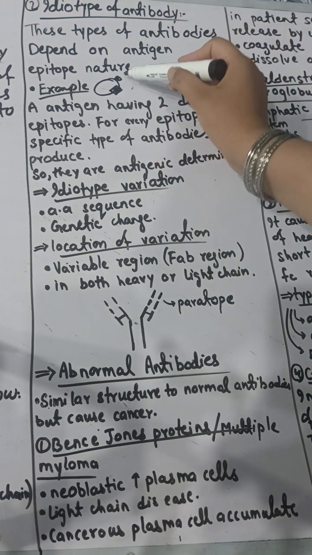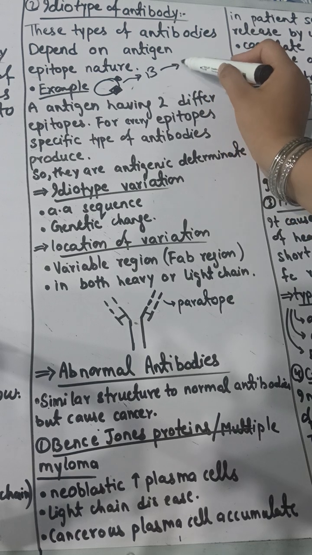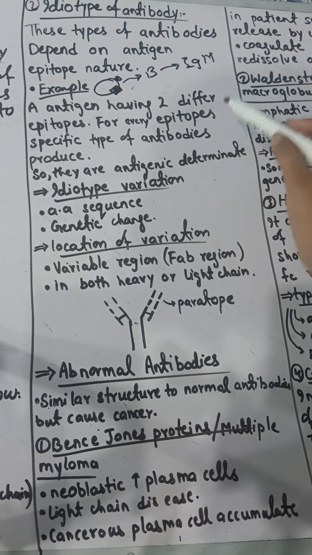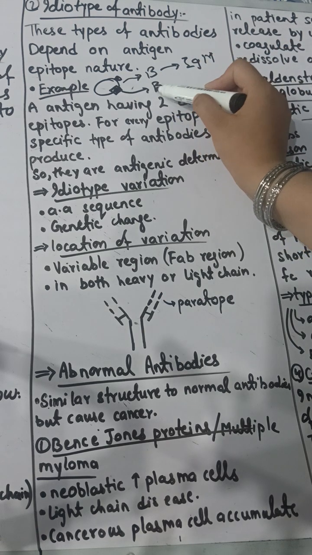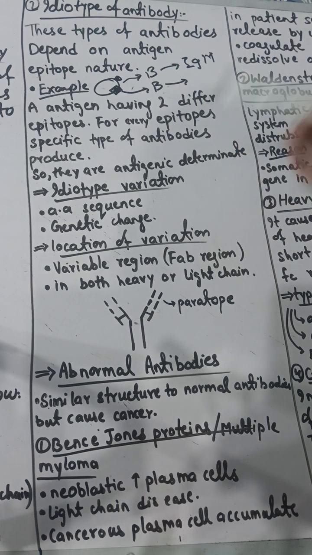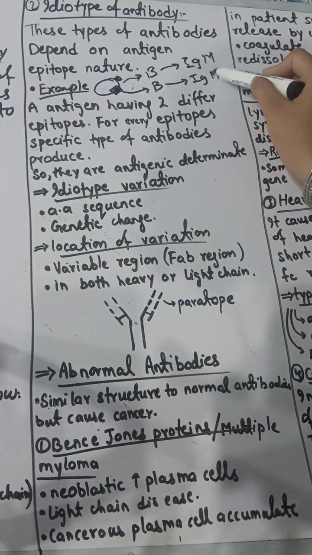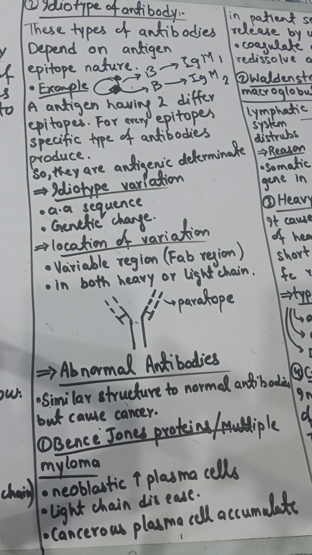For this epitope, specific B cells will produce a specific kind of antibody, like IgM. But for the other epitope, specific B cells produce another type of antibody. It could be IgM but different, like if it is IgM1, it will be IgM2. It can be anything; it doesn't depend on always being IgM.